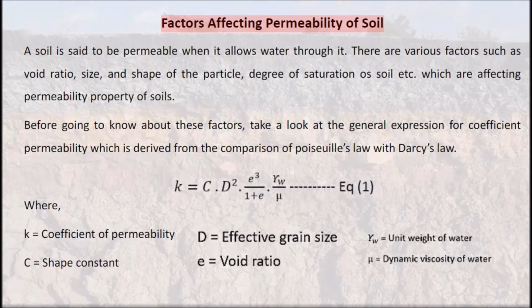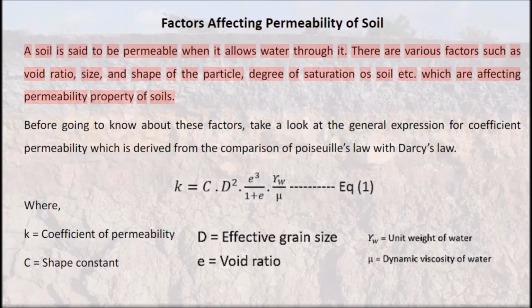Factors affecting permeability of soil. A soil is said to be permeable when it allows water through it. There are various factors such as void ratio, size and shape of the particle, degree of saturation of soil, etc., which are affecting permeability property of soils.